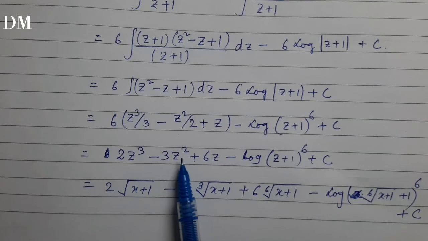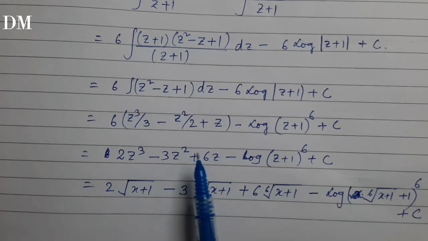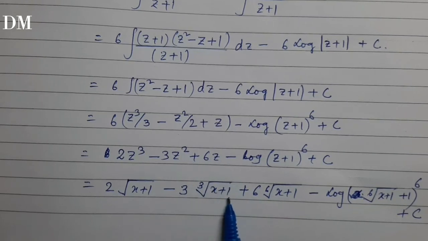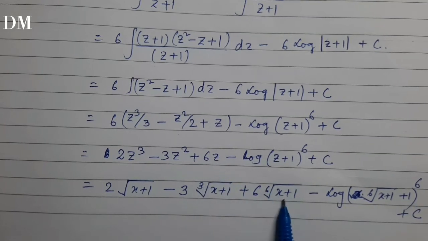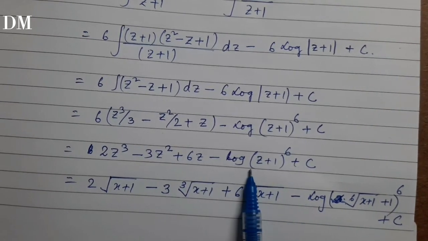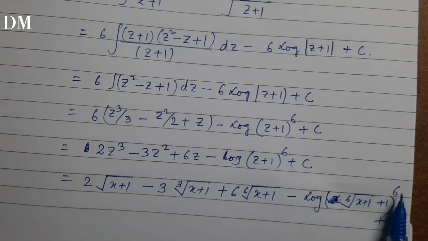Now there is x plus 1 whole to the power 1 by 6, so 2 by 6 will become 1 by 3 in the power, so it will be cube root of x plus 1. And z is sixth root of x plus 1, so this one is the value. Now here the value of z is sixth root of x plus 1 plus 1 outside of this root whole to the power 6 plus c.